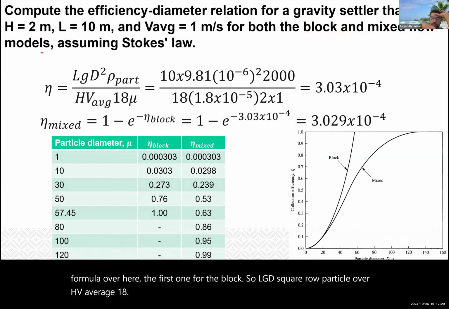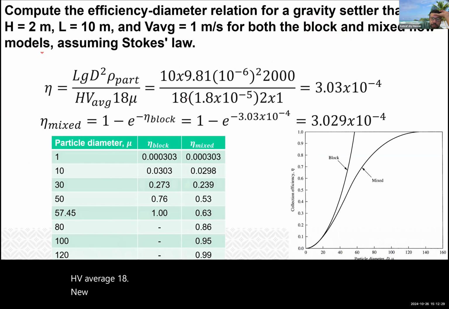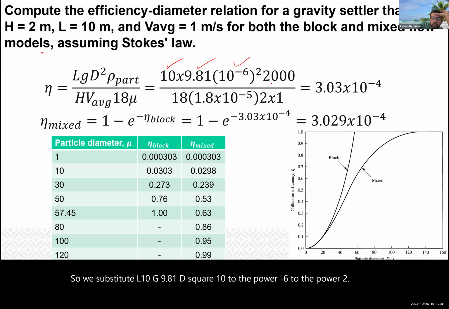So we substitute L is 10, g is 9.81, d squared is 10 to the power negative 6 to the power 2, times 2000, which is the rho, over 18 mu, and H and V average are 2 and 1. We come up with 3.03 times 10 to the power negative 4.